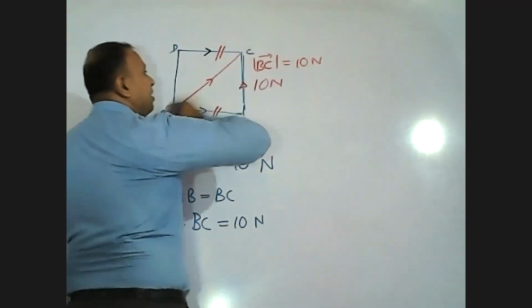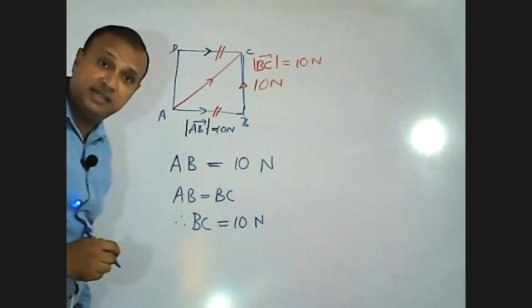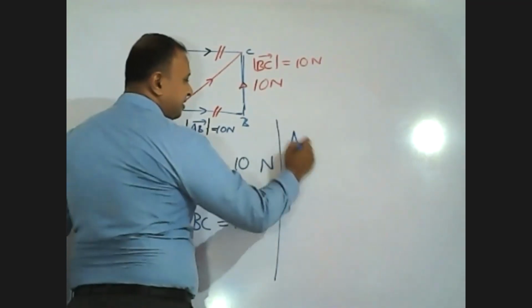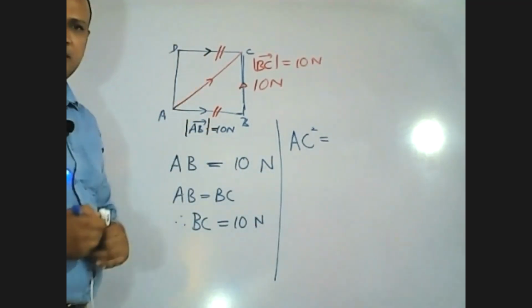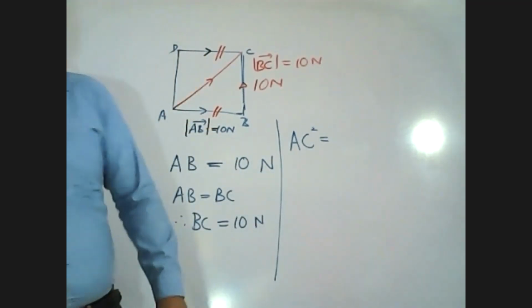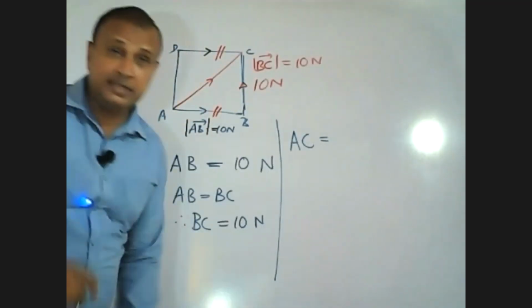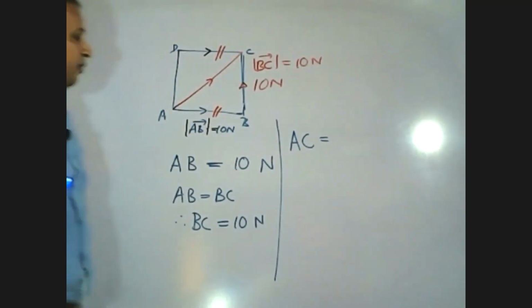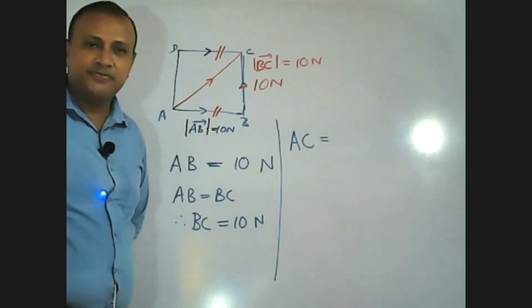Then we can find the length of AC using Pythagoras theorem. So, how much is the length of AC? You can use your mind and tell me the answer. Do not do any rough work.